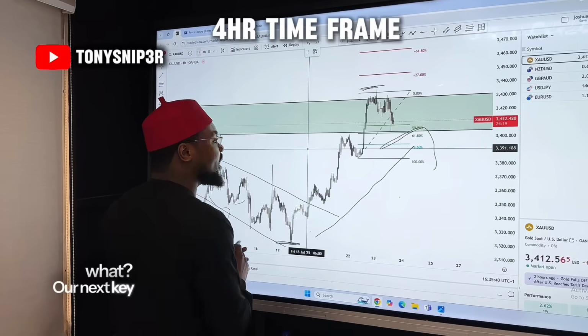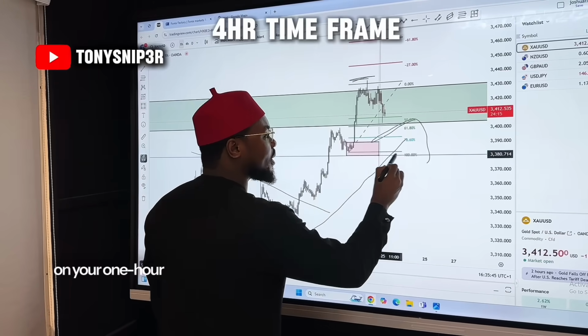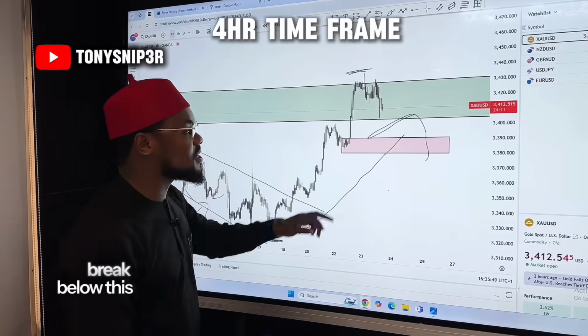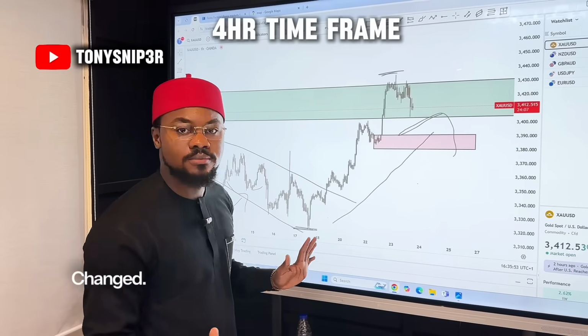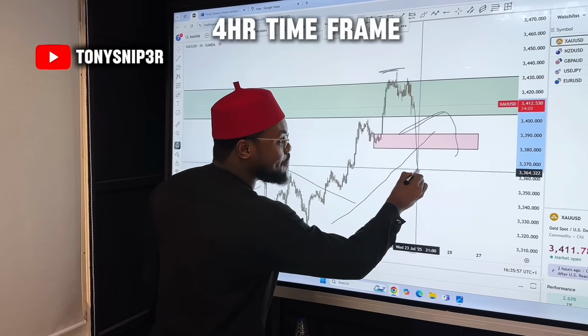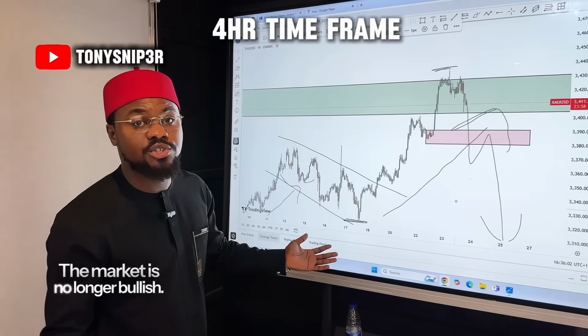Our next key level that we need to pay attention to is this part here on your 1-hour time frame. Because if the market should break below this key level, automatically the trend has actually what? Changed. If the market should come back below this key level, break it, what would happen? The market has changed trend. The market is no longer bullish.